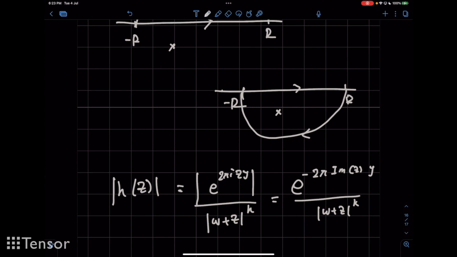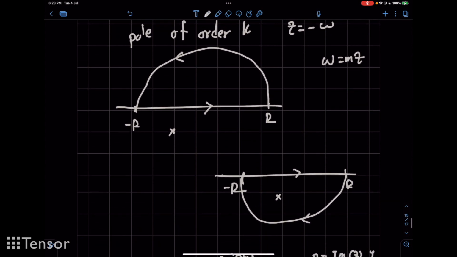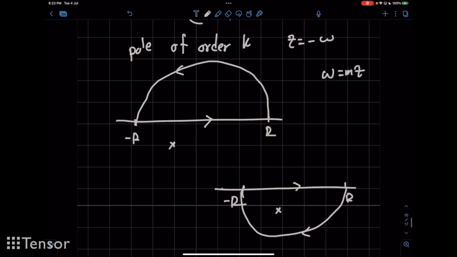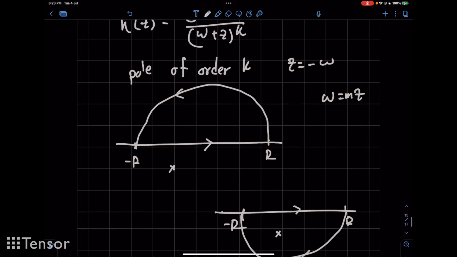And we need to take a contour in such a way that the value of h on the semicircular part vanishes as r goes to infinity. Well, that's how we do contour integrals, right? Because otherwise, the contribution from the semicircular curve is also present in our integral, which we don't want.